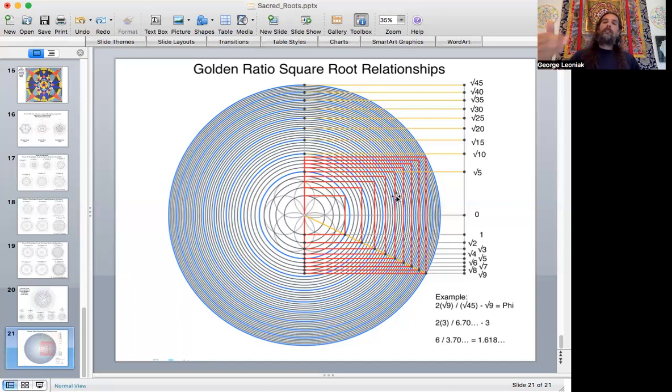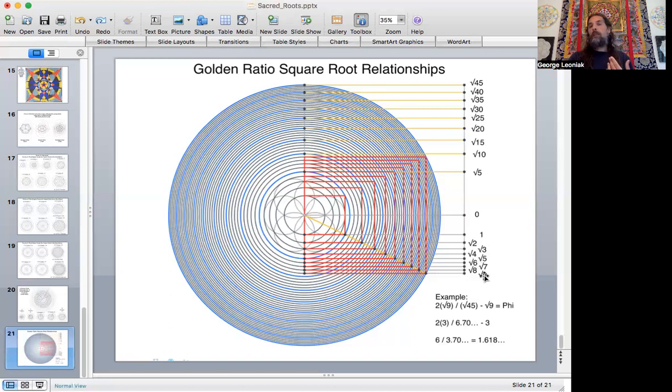So I wanted to see if I did that for root 2 and swung it down, will it intersect with a root above it, that's somewhere floating out here? And yes, root 2 will connect to root 10. And root 3, when I swing it up to the top, will hit root 15. And root 4, when I swing it up, will go to root 20. Now, one way you could do a simple calculation to figure out which square root you're dealing with.